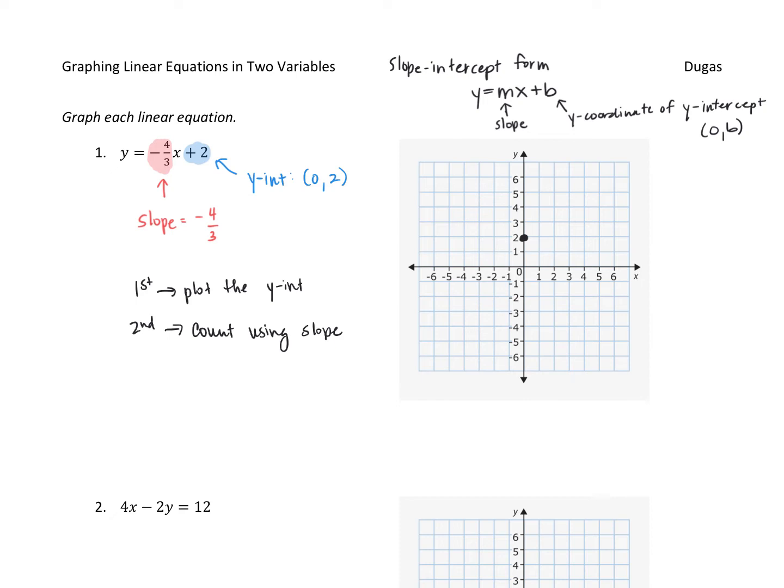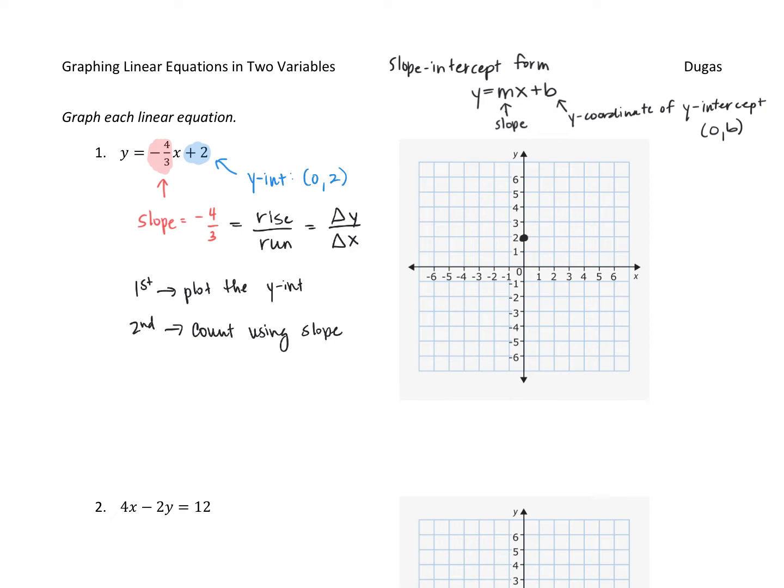Okay, in our case, we have negative 4/3. The geometric interpretation of the slope is rise over run. So this top value is your change in y, so it's how much you're going to go up or down. And the bottom value is the change in x. It's going to tell you how far to go left or right. So we have a negative 4/3.